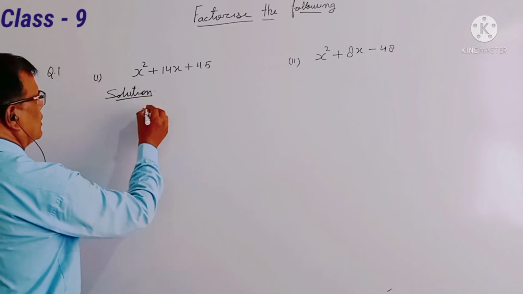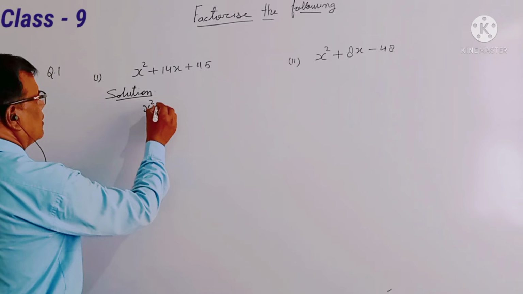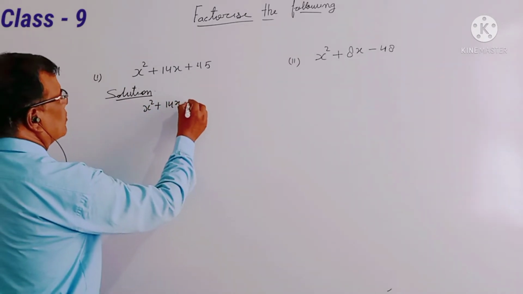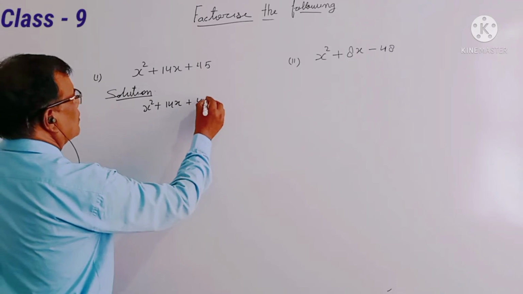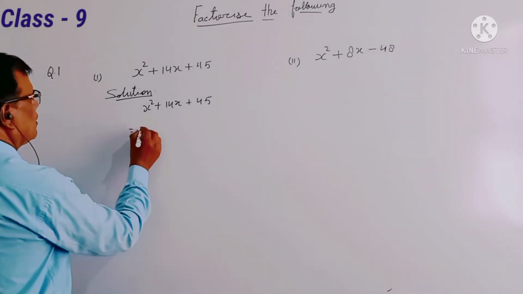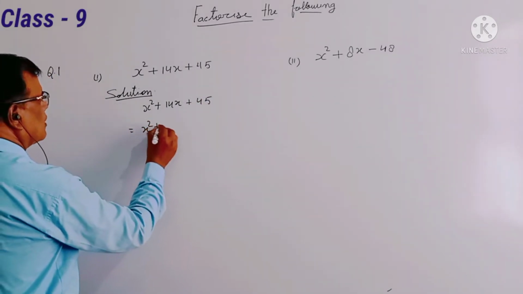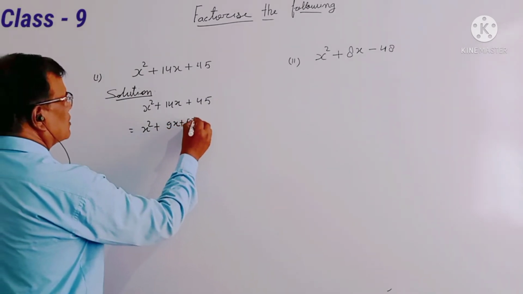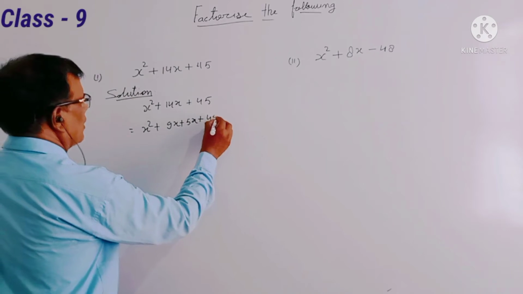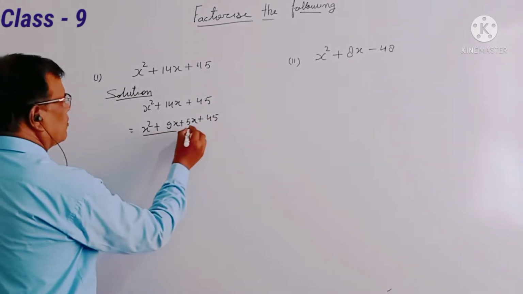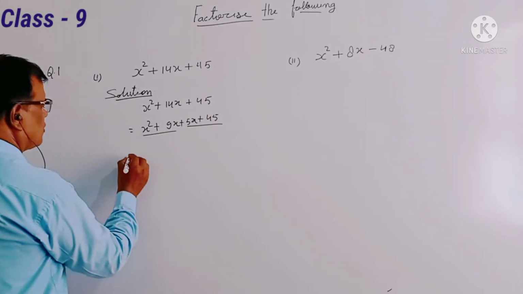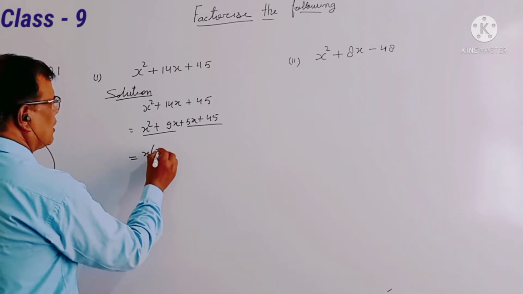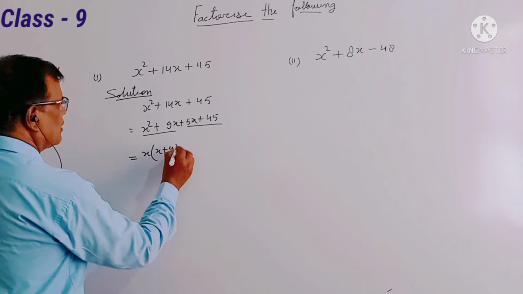is x square plus 14x plus 45. Now we break it as x square plus 9x plus 5x plus 45. Now we make the pairs and take the common, x is common here, x plus 9.